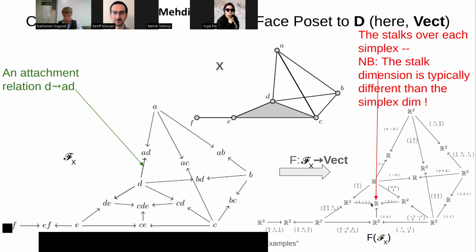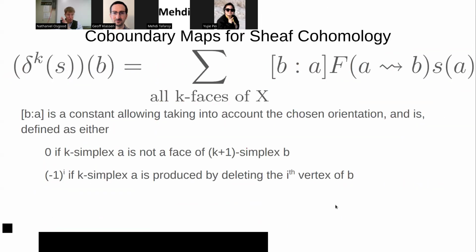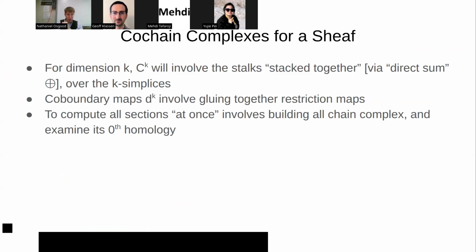Each of them is associated with a stalk. Do you see these stalks? Do you remember this from discussing cellular sheaves? And do you remember that each of these maps here was associated with a mapping here? Okay, this is going to be important for just getting us oriented.